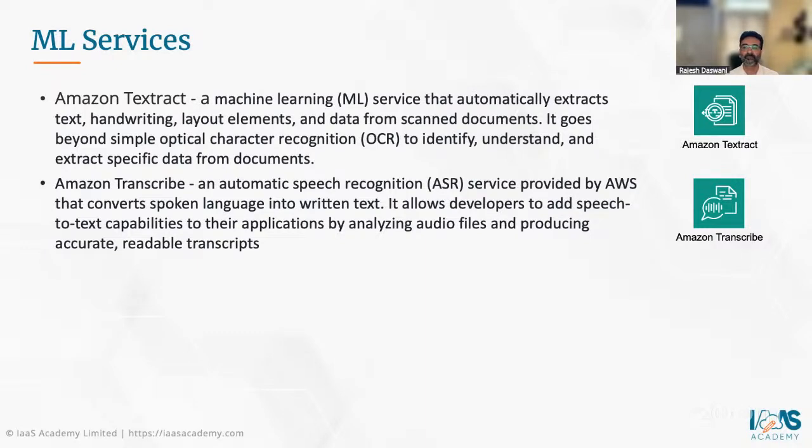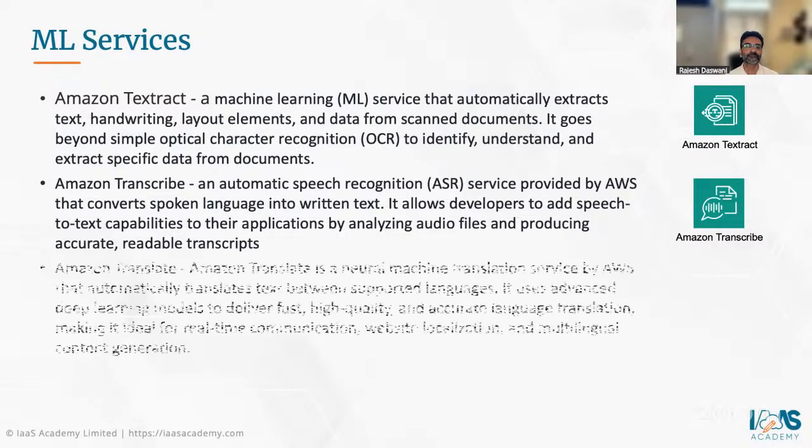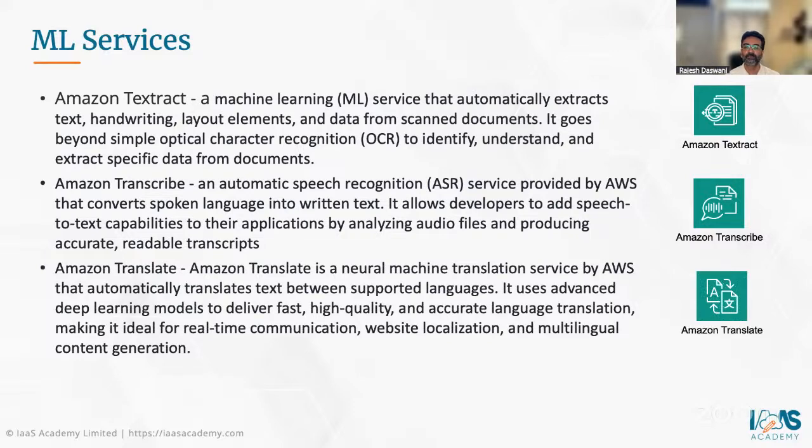So it allows developers to add speech-to-text capabilities in their applications by analyzing audio files and producing accurate, readable transcripts. And Translate is a neural machine translation service by AWS to automatically translate text between supported languages. It uses advanced deep learning models to deliver fast, high-quality, accurate language translation, making it ideal for real-time communication, website localization, and multilingual content generation.